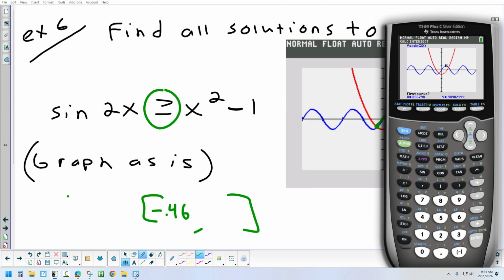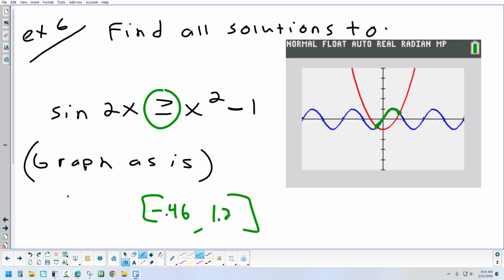And the highest radian value is 1.26. If you pick any angles between those two values in radians, the sine curve will be above the parabola. If you pick anything else, it will be underneath. Any question on that one?